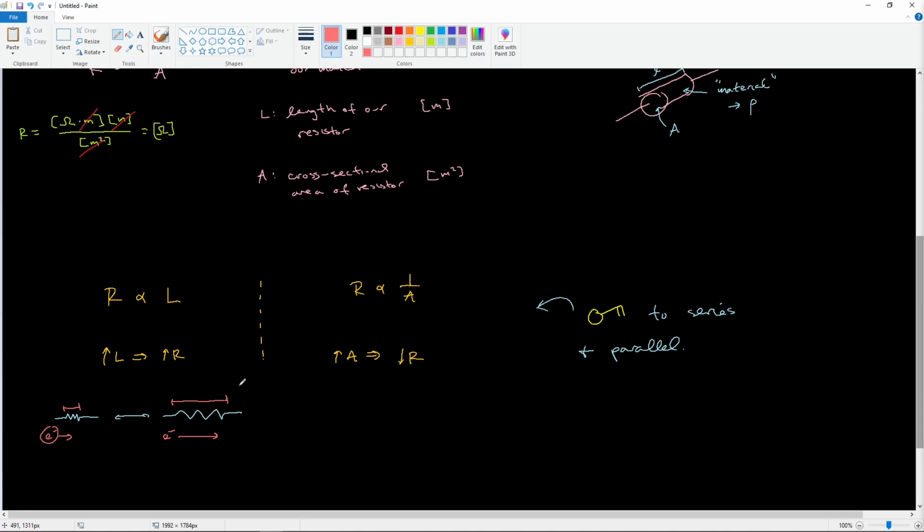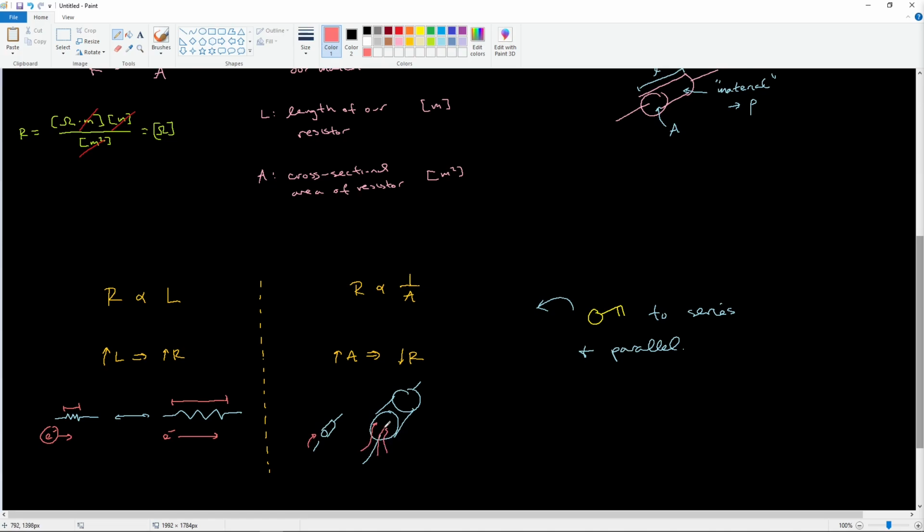Okay. So then now, if we're then thinking about a resistor in parallel, right? If we looked at a resistor here, and then we looked at a resistor here, it would be harder for electrons to fit into this resistor compared to this resistor.